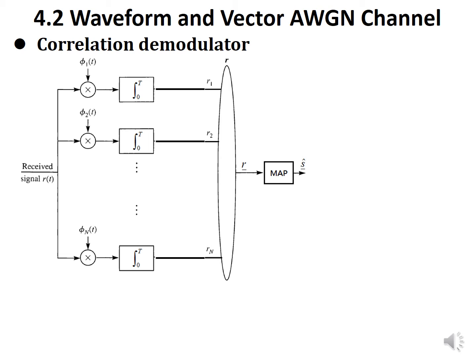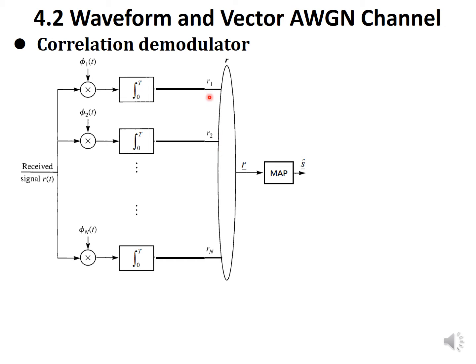So for the received signal, first we do the inner product with each basis, phi 1(t), phi 2(t), to phi n(t), the projection onto each basis, right? Then on each basis we will have r1, r2, and rn. That is the projection component onto each basis.